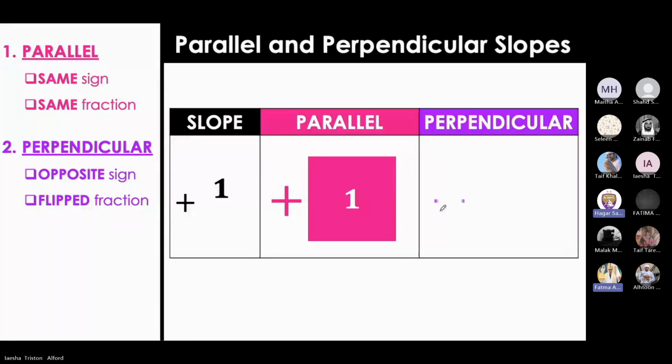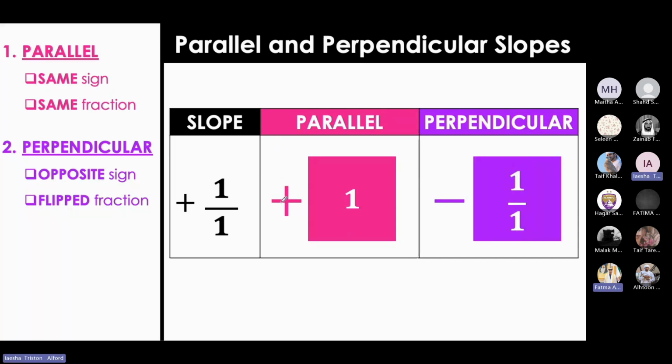This slope, we have to make its fraction. How do you make it a fraction? 1/1, over positive 1. So if you flip it, what happens in the perpendicular? You get -1/1. We can make it -1, I think.